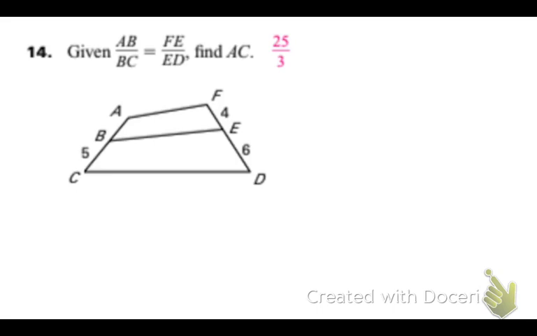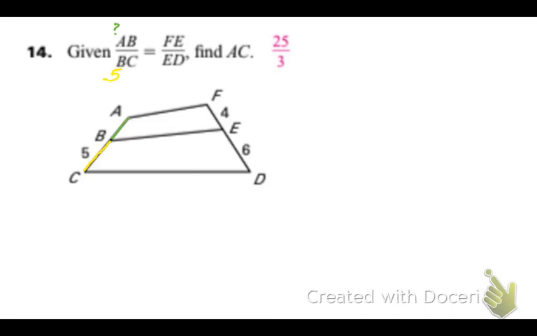Okay, this one is a little tricky. Given AB, we don't know AB, over BC. BC is 5.